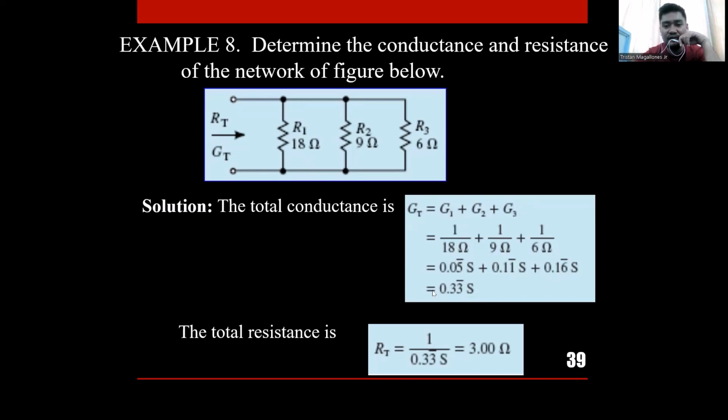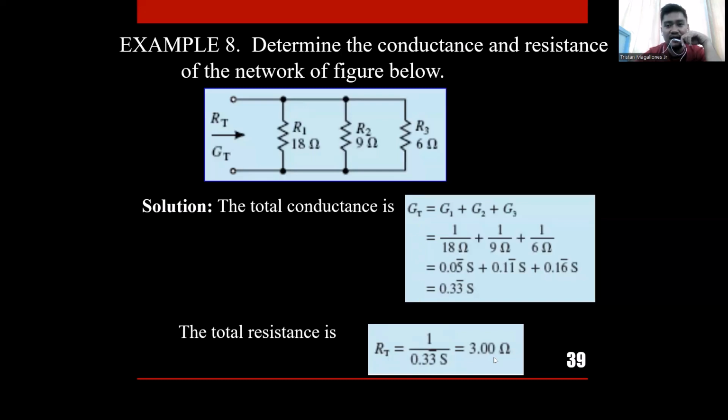That's equal to 0.3333 Siemens. The unit for conductance is either Siemens, spelled S-I-E-M-E-N-S, or mhos. So the total resistance then will be the reciprocal of the total conductance, which is 3 ohms.